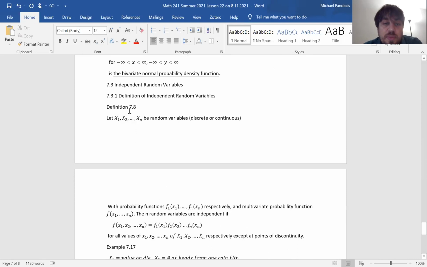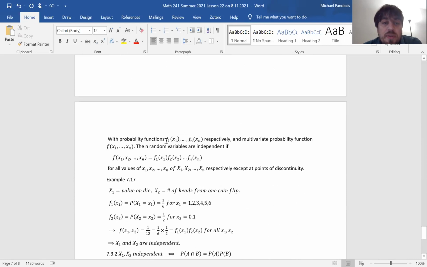So for definition 7.8, we have X1 to Xn be random variables, discrete or continuous, with probability functions f sub 1 of x1 to f sub n of xn respectively, and multivariate probability function f of x1 to xn. The n random variables are independent if this multivariate probability function is equal to the product of these functions for all values little x1 to little xn of capital X1 to capital Xn respectively, except at points of discontinuity.